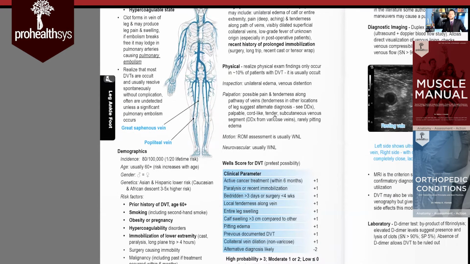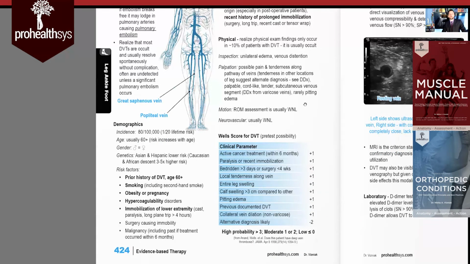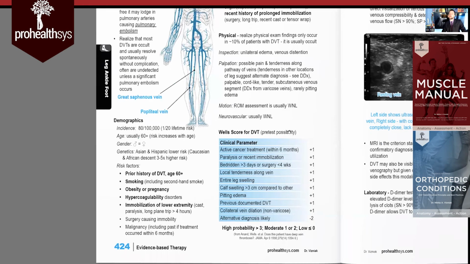Unilaterally, you may see edema or venous distension distal to the site of blockage if it's visible. Often these veins are too deep for you to see, because it is deep vein thrombosis. Possible pain or tenderness along the vein pathway, cord-like tenderness potentially, rarely pitting edema if it's a more chronic or severe case. Motion is usually within normal limits, other than the potential for the edema or enlargement of some varicose veins. Everything in the neurovascular screen is usually within normal limits as well.